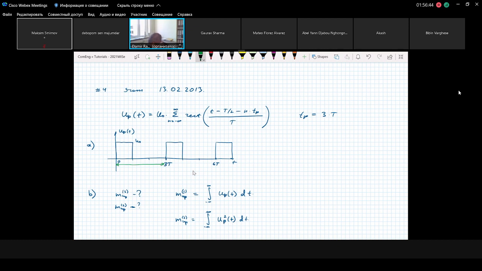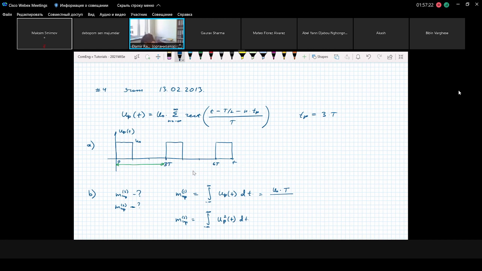What will be the value for this? What will be the mean value? It will be U0 times T divided by 3T. So it will be this amplitude times duration T divided by the total duration that we have.